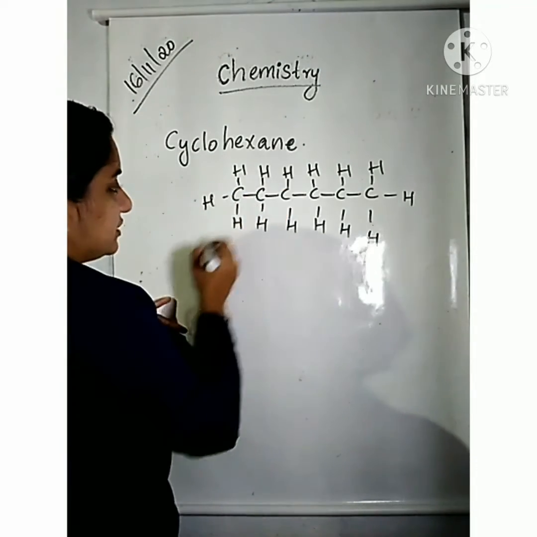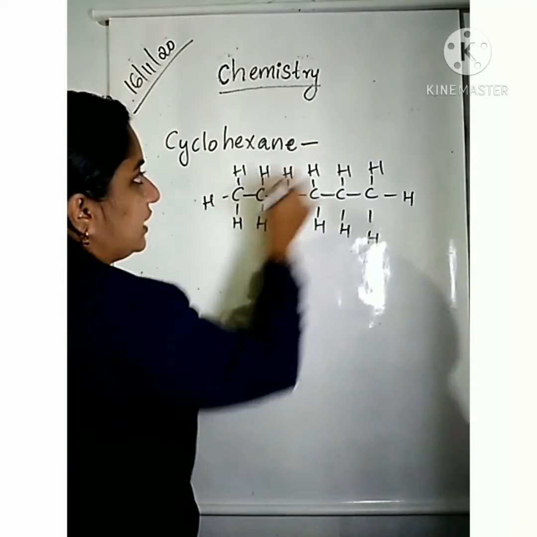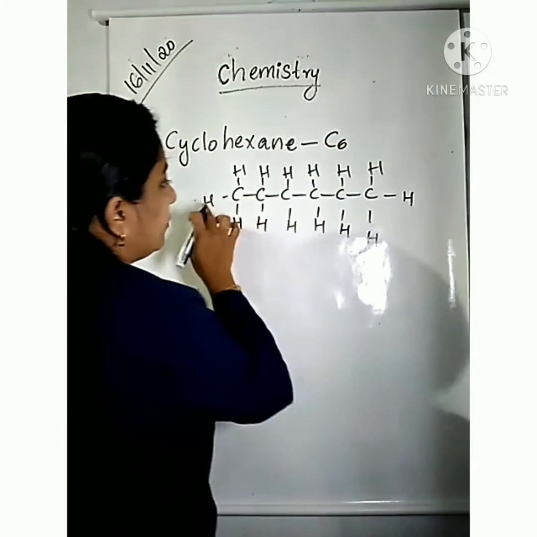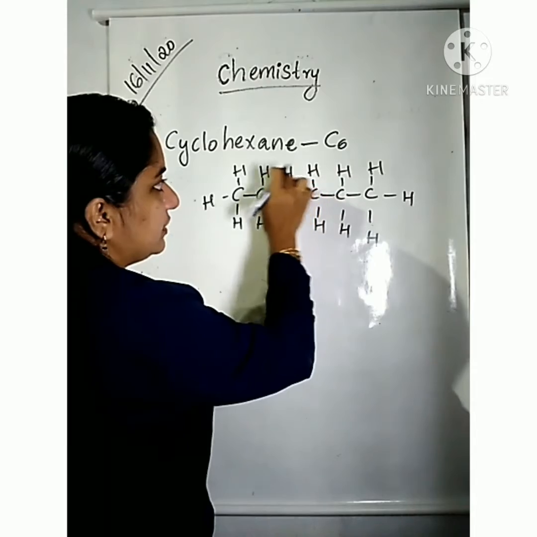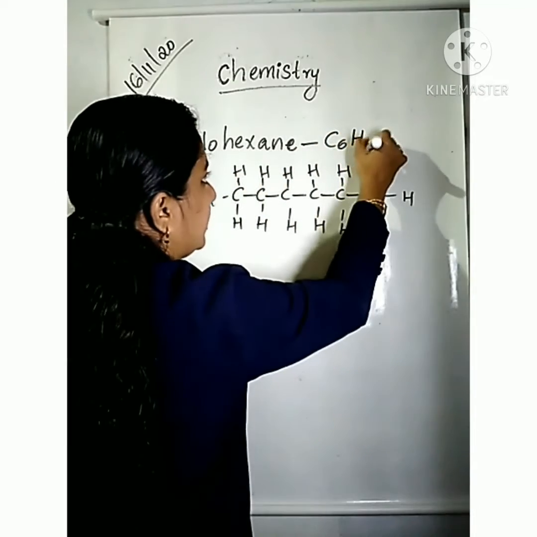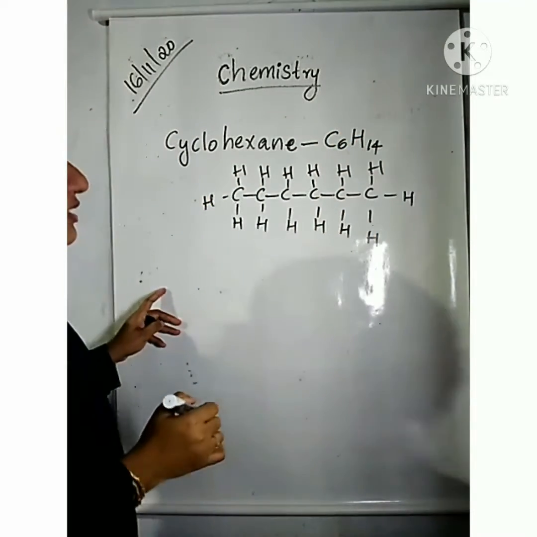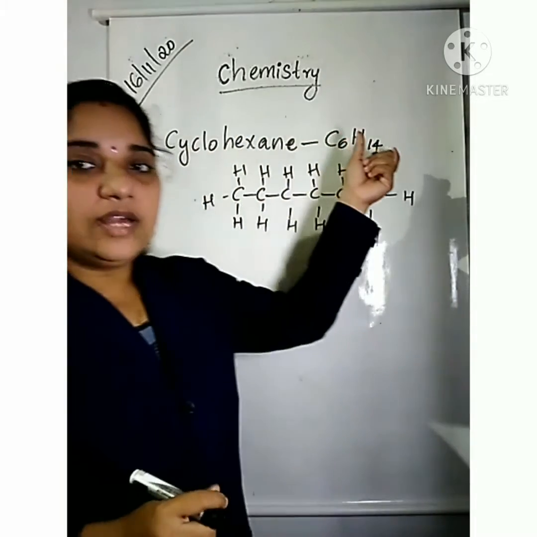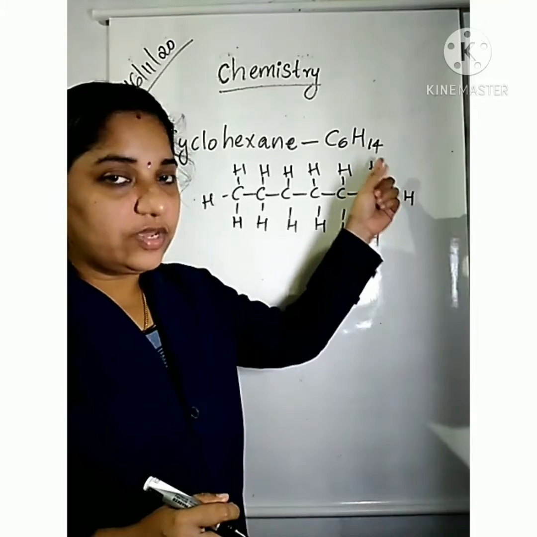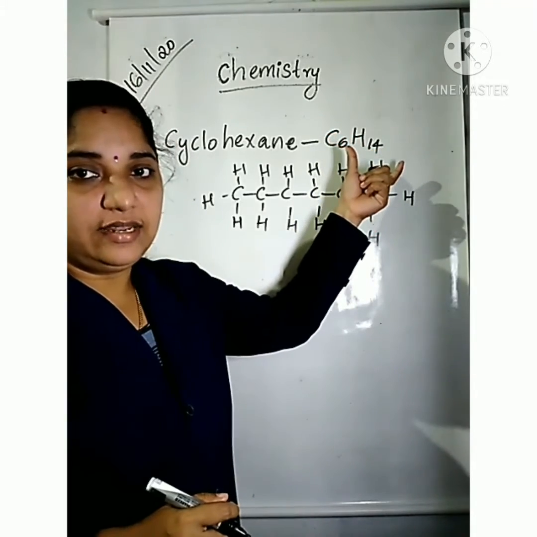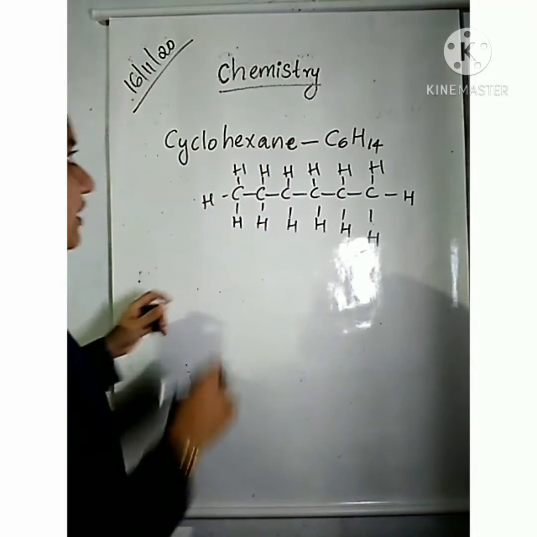So, its molecular formula is C6 and 14 hydrogen atoms are there. This is the molecular formula of hexane, not cyclohexane.